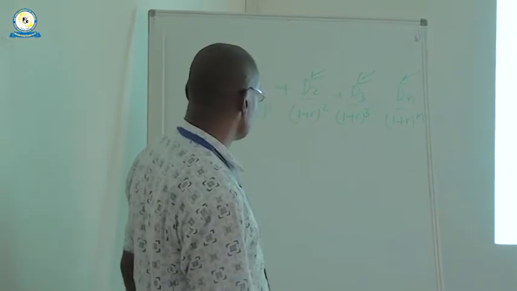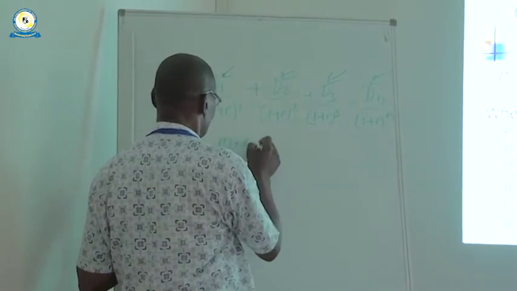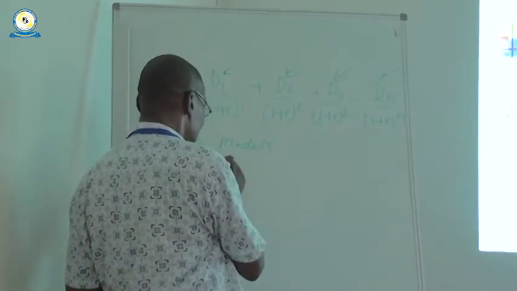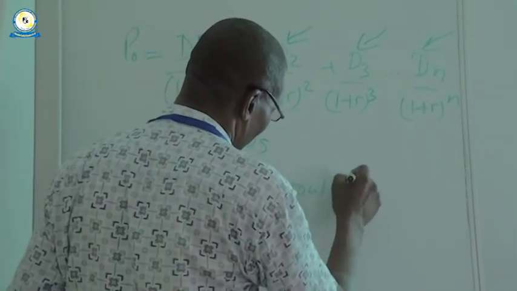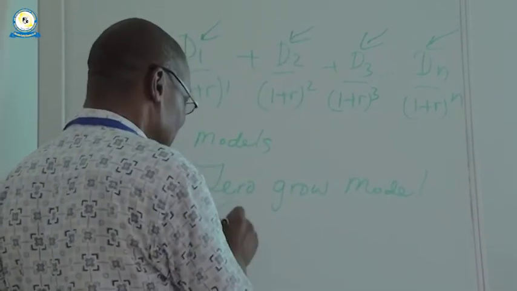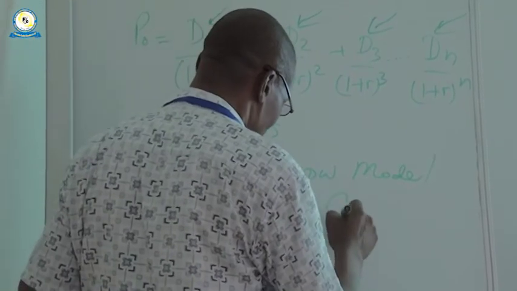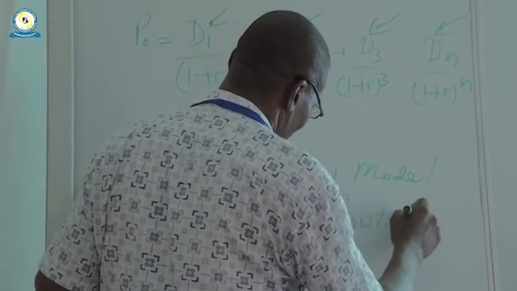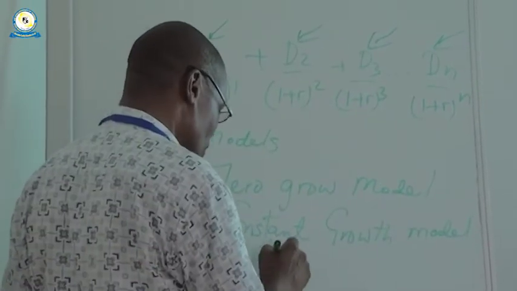Now, there are three models we are going to check. The first one is the zero growth model. The second one is the constant growth model. We call it the Gordon model.